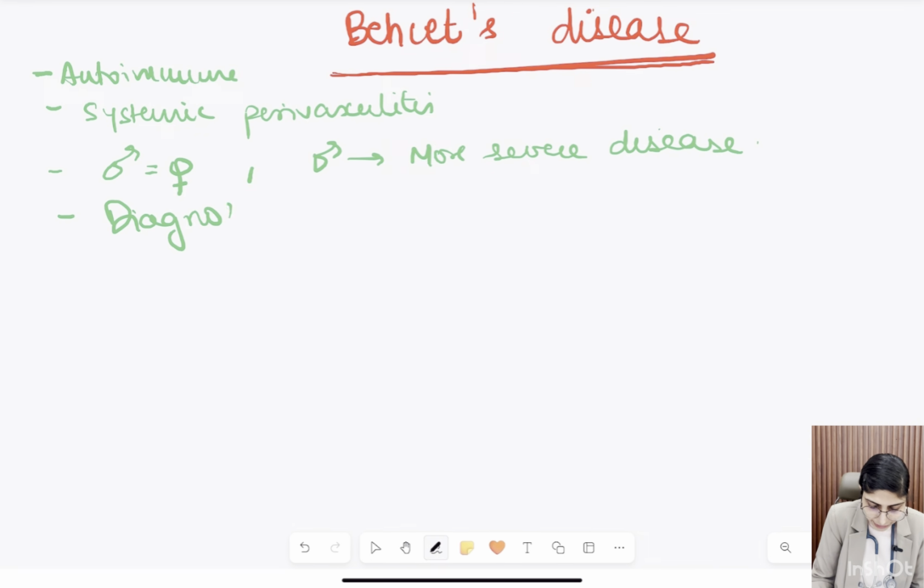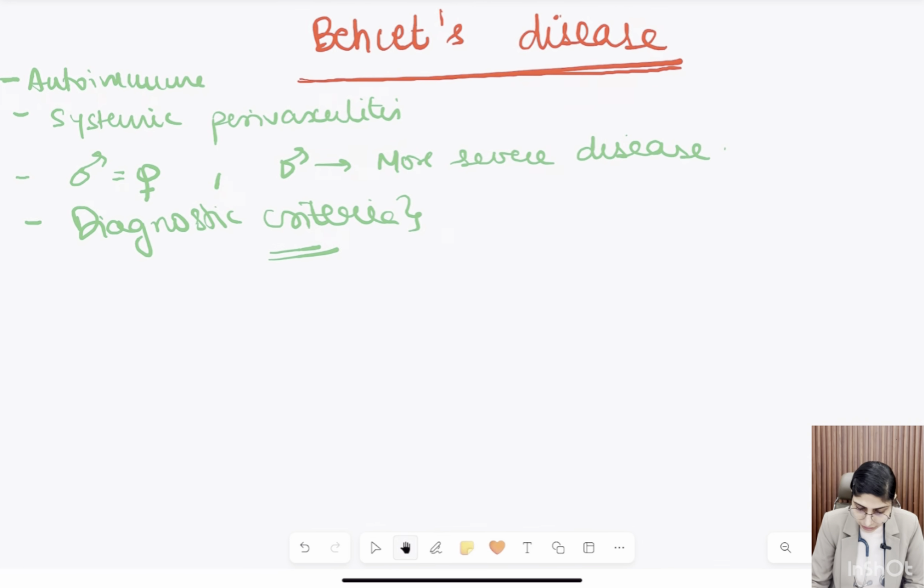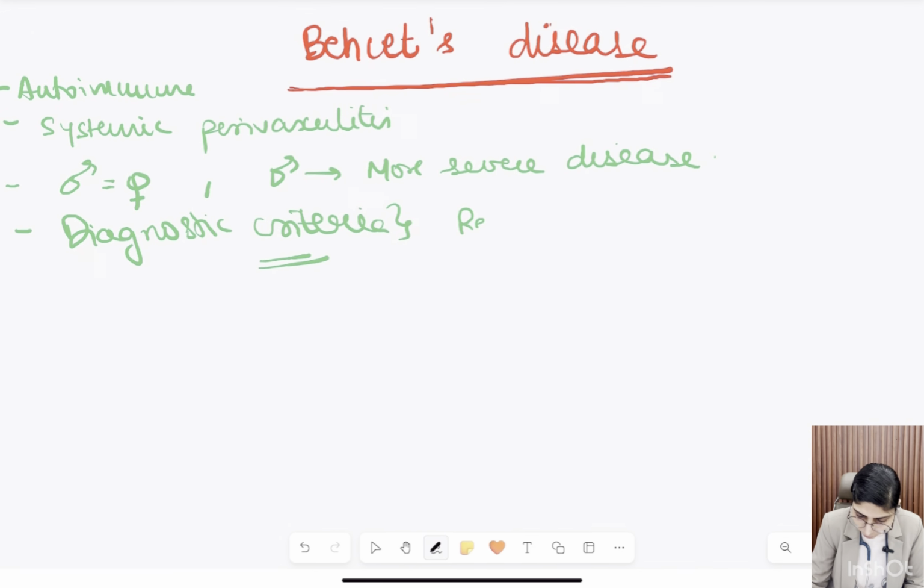Then, what are the diagnostic criteria for Behcet? In rheumatology, as you know, diagnostic criteria takes importance. Diagnostic criteria for RA, SLE, ankylosing spondylitis, psoriatic arthritis, reactive arthritis, Behcet, these are all very important. So the diagnostic criteria for Behcet is recurrent oral ulceration plus any two or more of following.